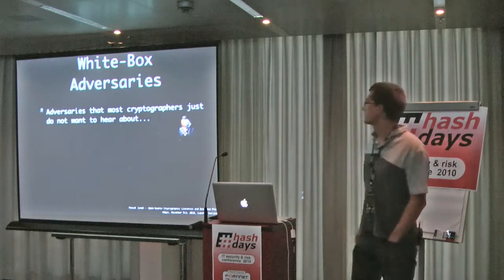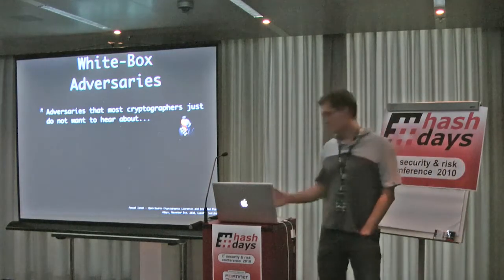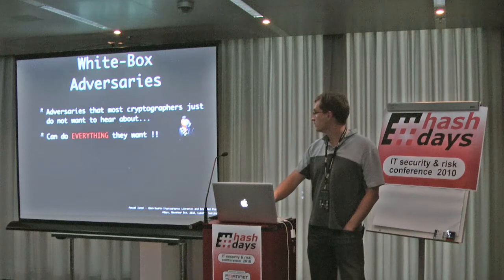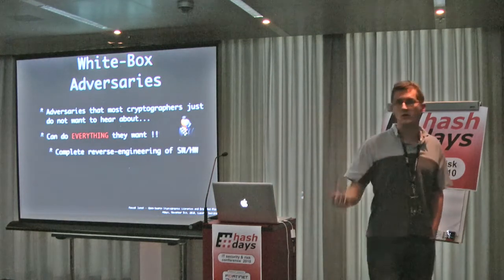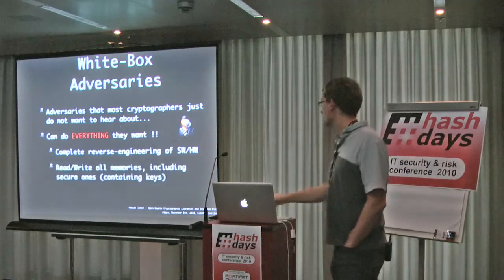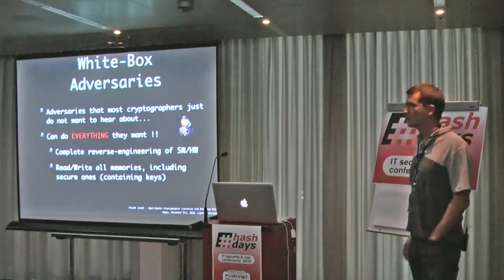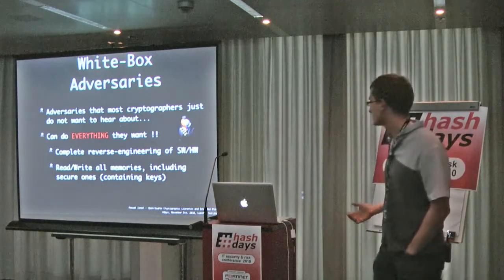And those are adversaries that most cryptographers just do not want to hear about because it renders their job completely impossible. So they can just do everything they want. They can completely reverse engineer all the software, the hardware they would like. They can read, write all memories, including the secure ones, including the memories containing keys, for instance.